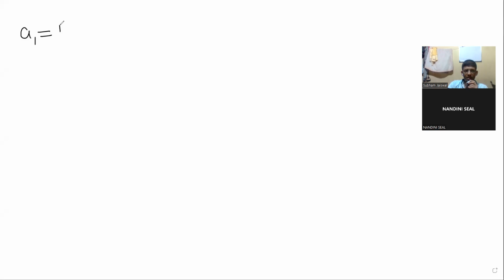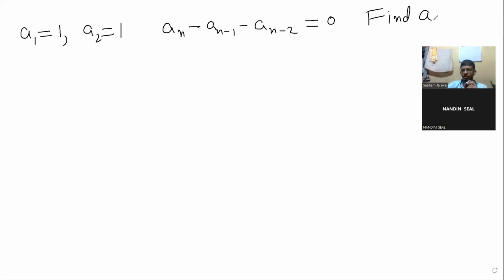So we had a1 equal to 1, a2 equal to 1, and we had this recurrence. And find a. Yes. So can you find it?